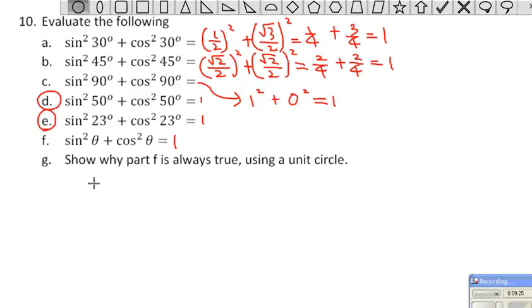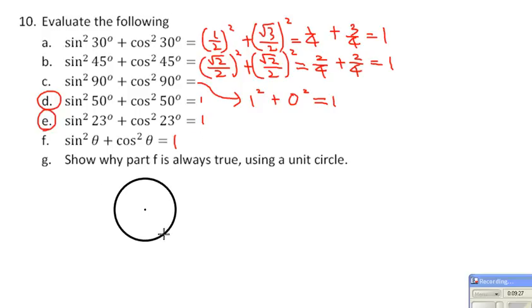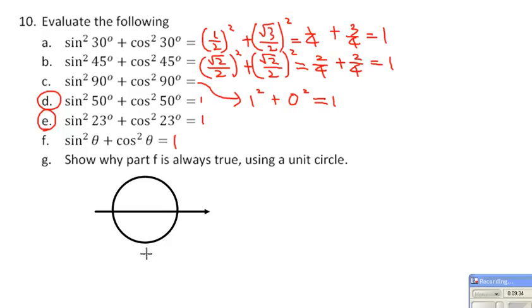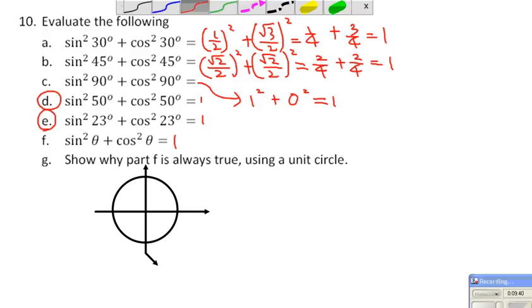Alright, so if you have to use the unit circle here, given that this is angle theta, and bring this one down.